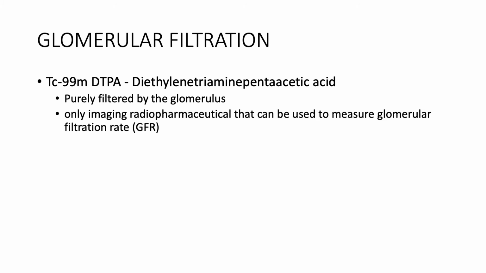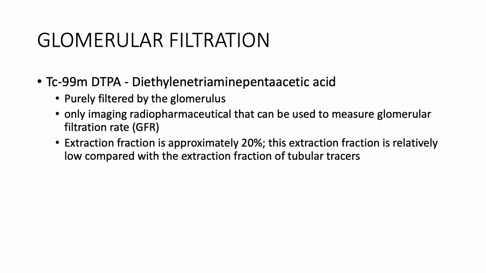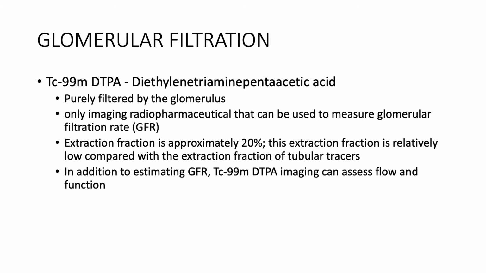In healthy subjects, the extraction fraction of DTPA is approximately 20%. This is relatively low compared with the extraction fraction of tubular tracers. However, if properly prepared, technetium-99m DTPA is generally adequate to measure GFR clinically.